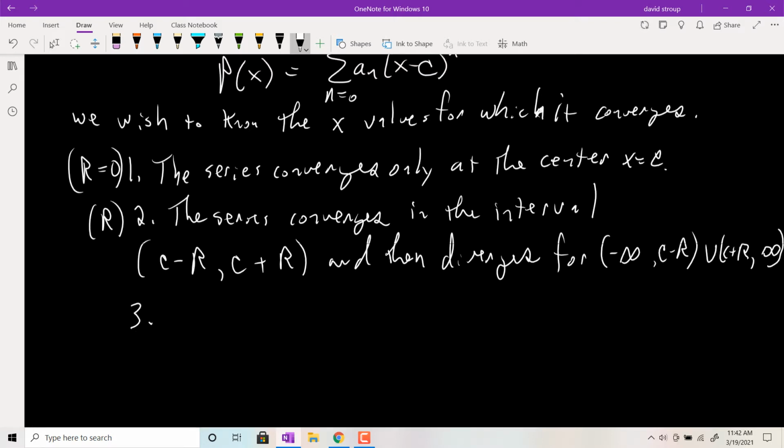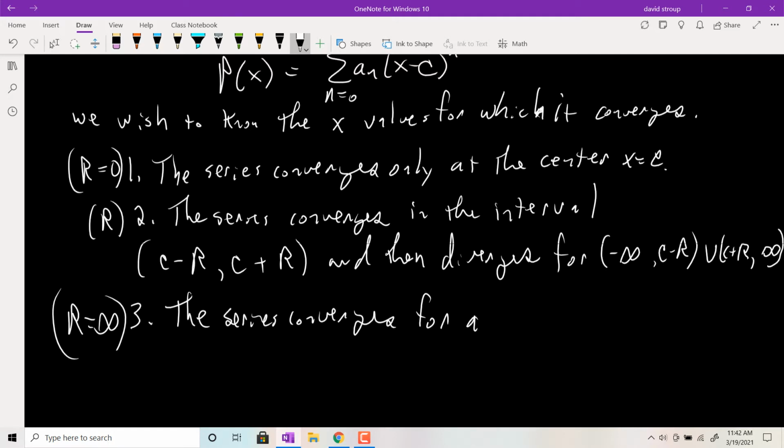Then thirdly, the case where it basically converges everywhere, and you always hope for this case, but it's not always going to be the case. It'll converge everywhere for functions like sine of x and e to the x, but not usually. So anyways, the series converges for all values of x.